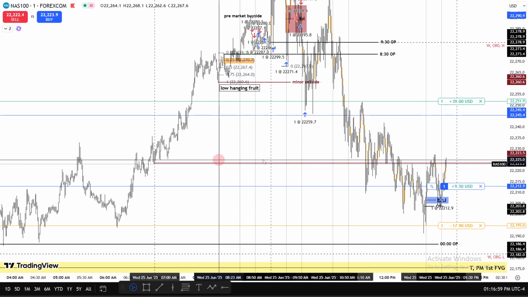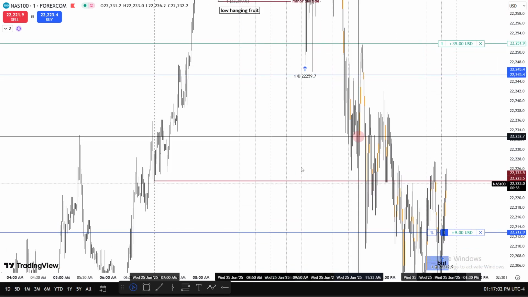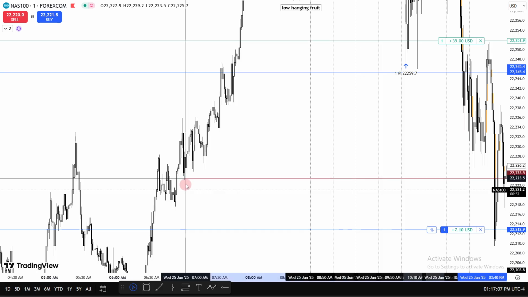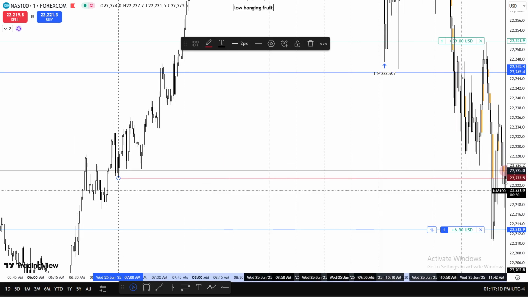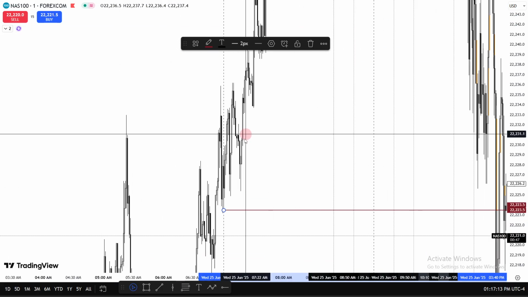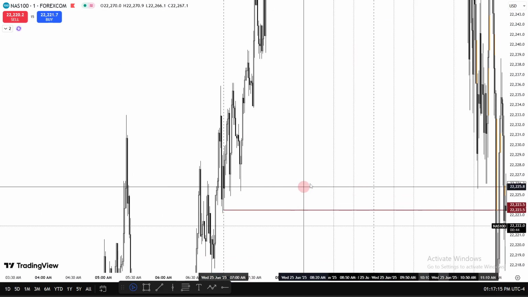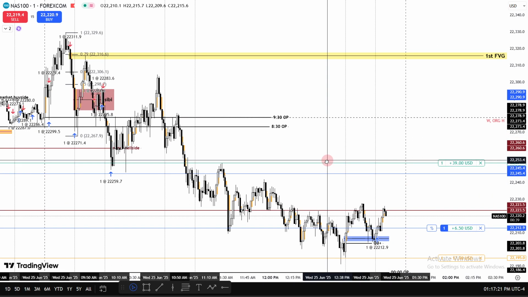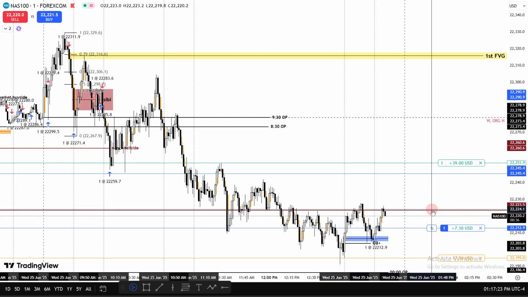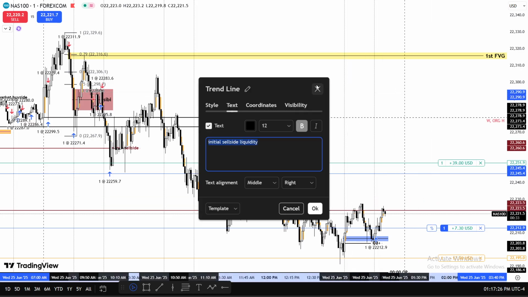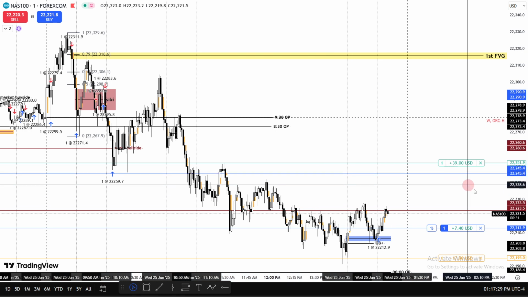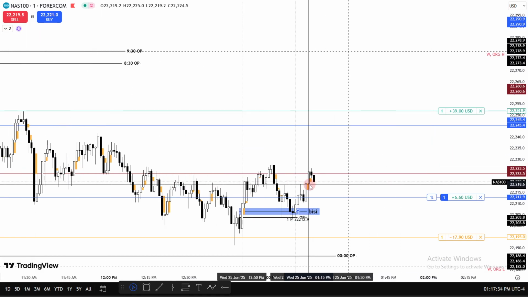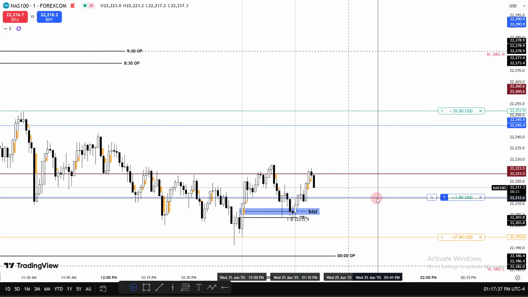Okay, so this is the sell side. Let's see now, it should respect this buy side imbalance, sell side inefficiency.